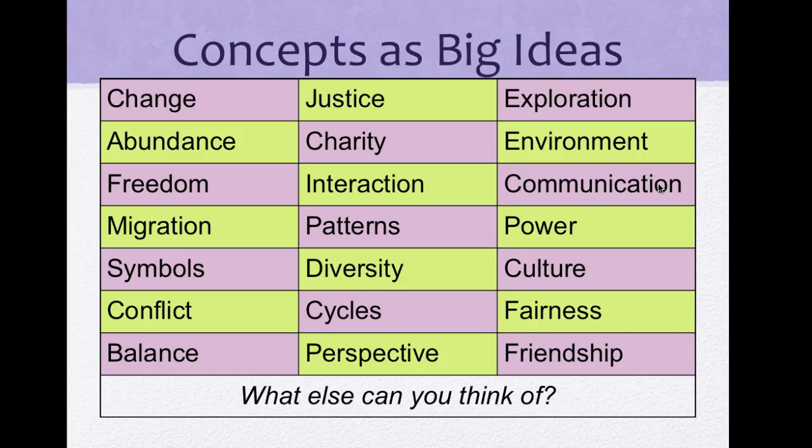All of these things are large concepts: patterns in math, diversity in culture, cycles in science, in geography, in math, even in literature, perspective, abundance. There can be so many. All of these are different concepts that can be used in the design of big ideas for your lessons.